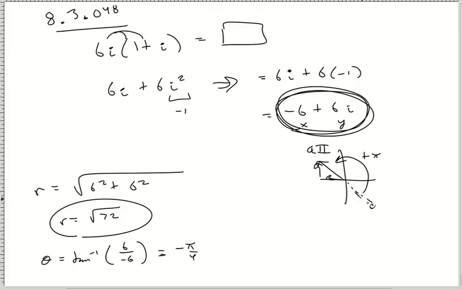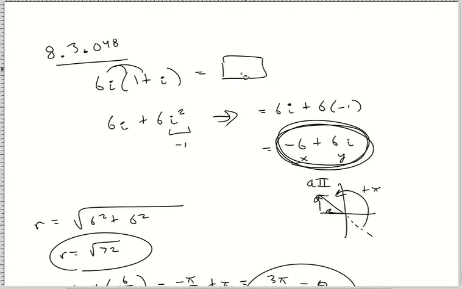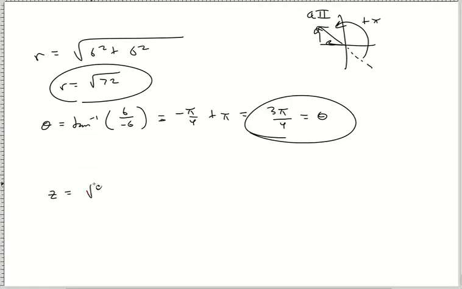But I don't want it down here in quadrant 4. I want it in quadrant 2, so I'm going to add a pi. Now I'm back up here at 3 pi over 4, and that makes more sense for my theta. So I got my r and my theta. Everything's good. So my z, simplified, should be square root 72 CIS of 3 pi over 4.